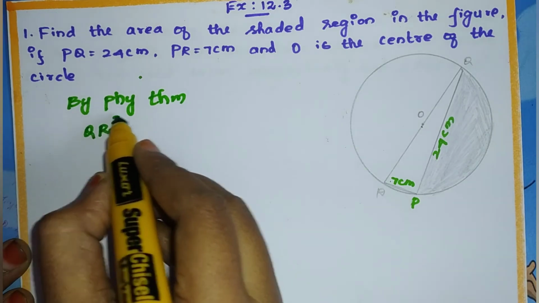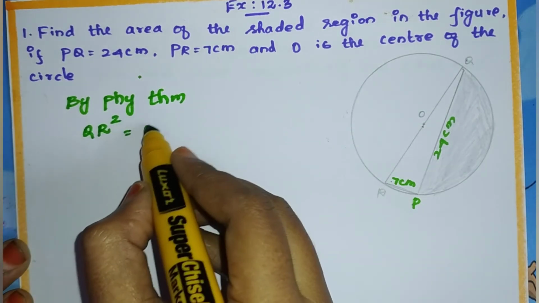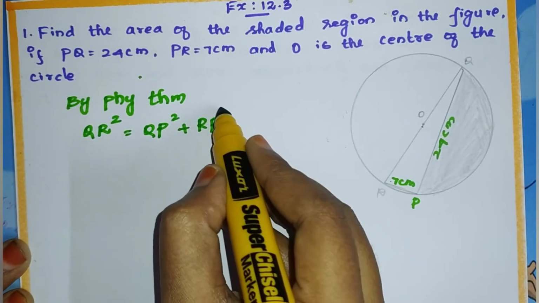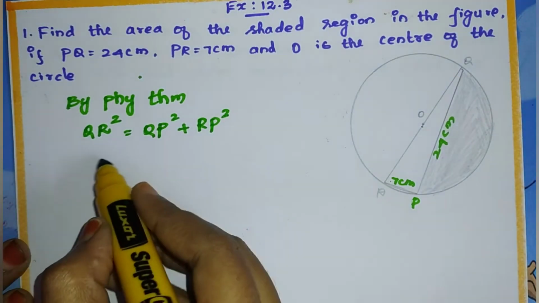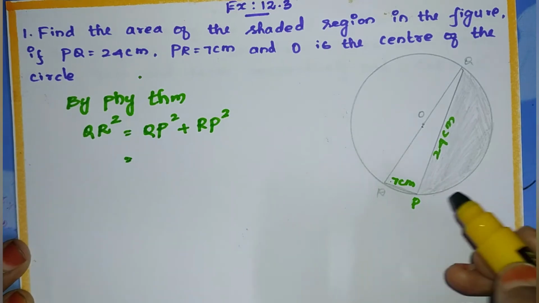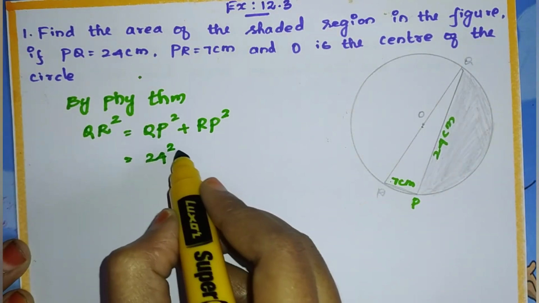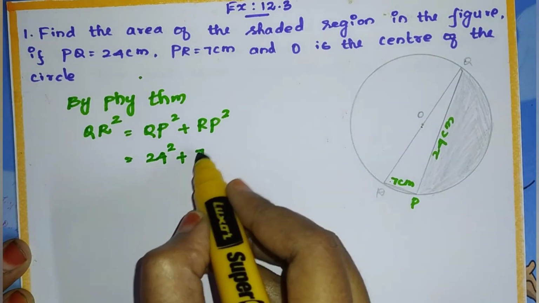QR square is equal to QP square plus RP square. So this only you have to find, keep that as it is. Then QP is 24 square and PR is 7 square.